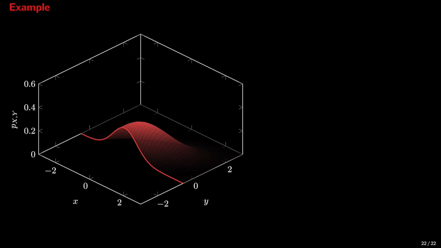The conditional density function of x, given that y is equal to minus 0.5, is shown here with a dashed line, and it is a scaled version of the solid red line. I will leave it to you to think why this is so. The expectation of this dashed density function is the conditional expectation of x, given that y is equal to minus 0.5.